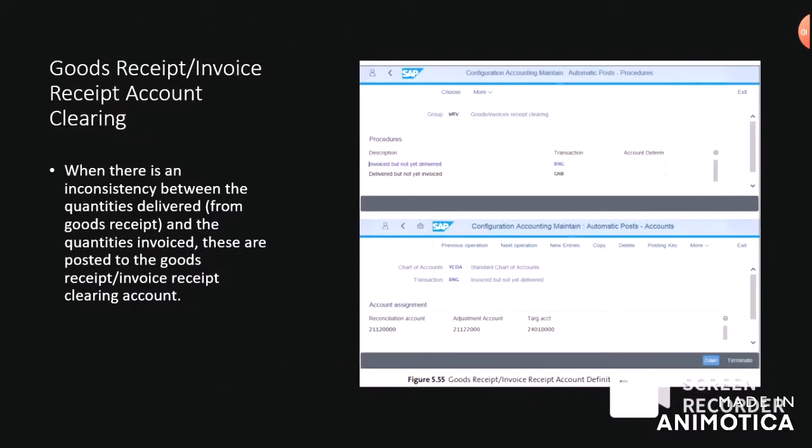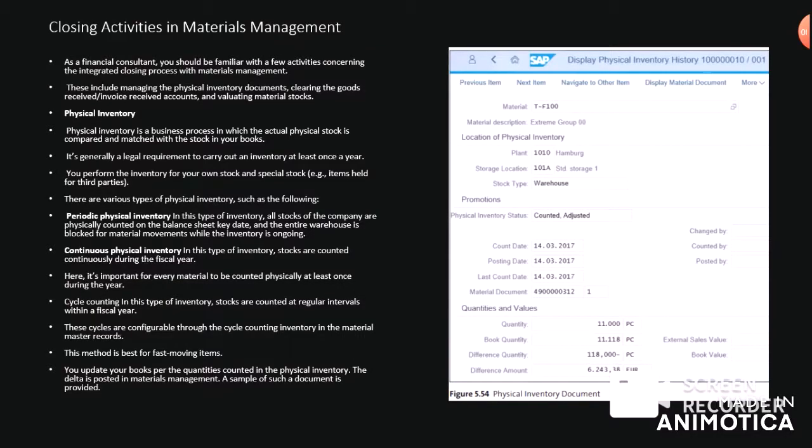so now the main important topic for all finance consultants is GRIR account clearing. So far this was mainly about physical inventory, how the inventory is counted and how they manage to check the inventory regularly.